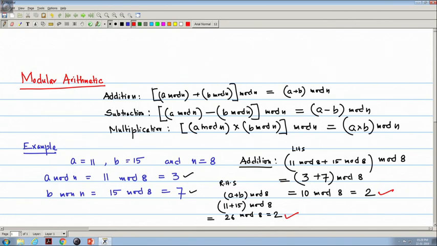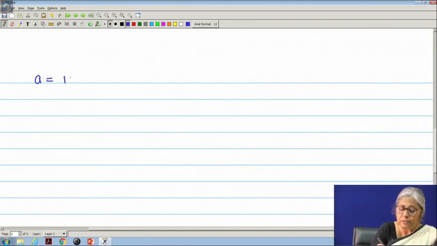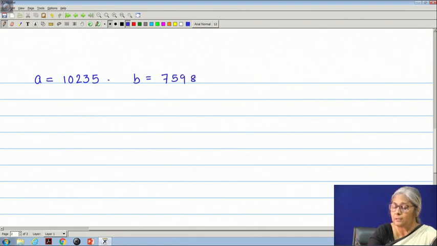If my a is very big, say instead of a 11 and b 15, I take a as a very large number like 1 0 2 3 5, or even larger, and b is also 7 5 9 8 0 or even larger.